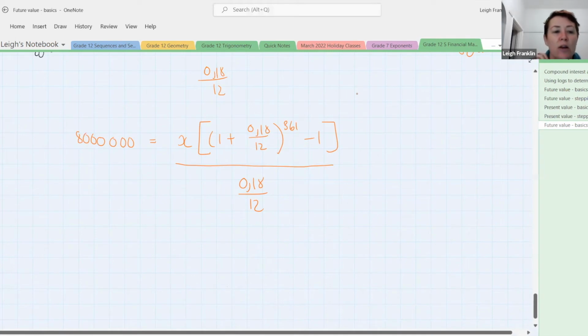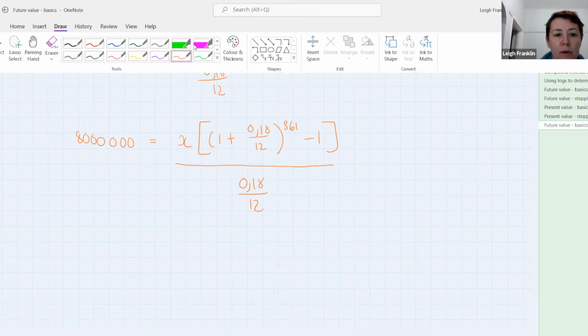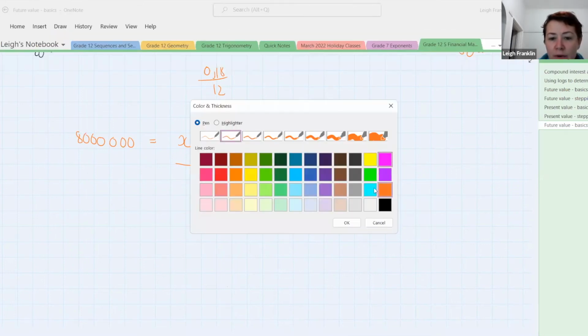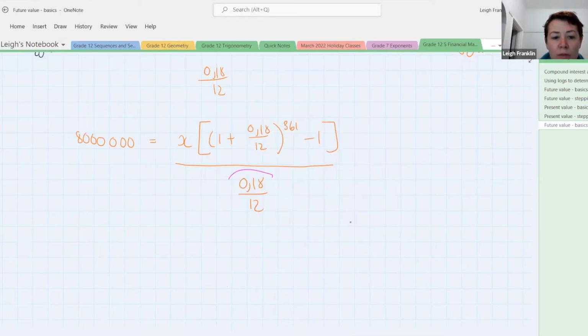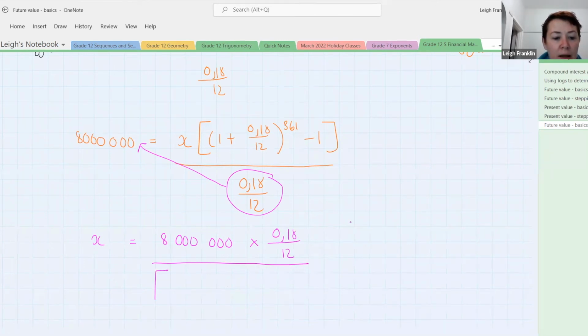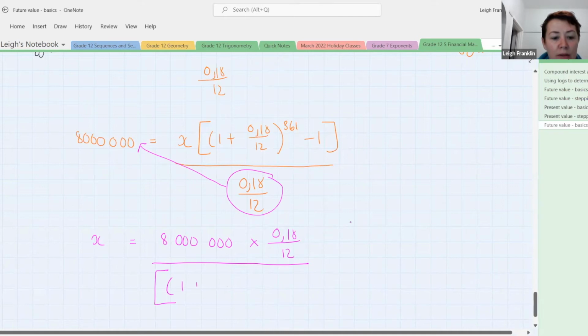When I say cross multiplying, you are multiplying the denominator with that and then dividing by the bracket. So in other words, when X is the subject of the formula, it's equal to 8 million times 0.18 over 12 divided by the value inside the square bracket.